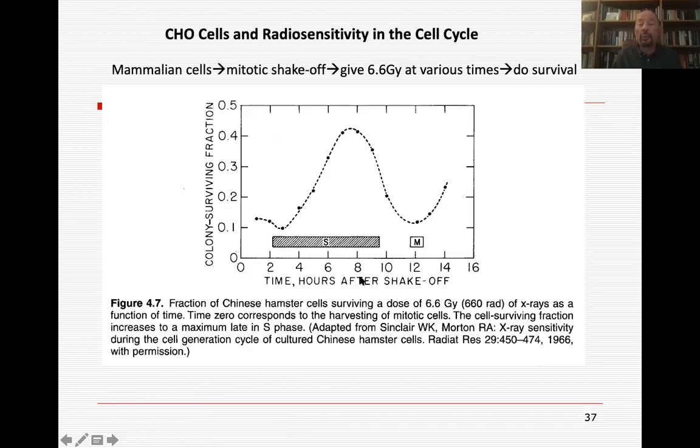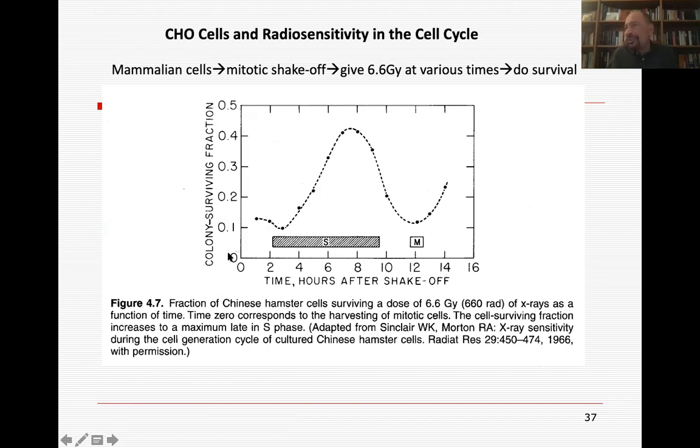And in fact, if you irradiate the cells, let's say these are CHO cells, this is a very old experiment, again, from 1966. Essentially, you collect mitotic cells by shake-off, because they are rounded. So if you shake the flask, you collect mostly mitotic cells. Then you irradiate them at different times. Of course, you plate them in different flasks, and then you irradiate every flask at different time.